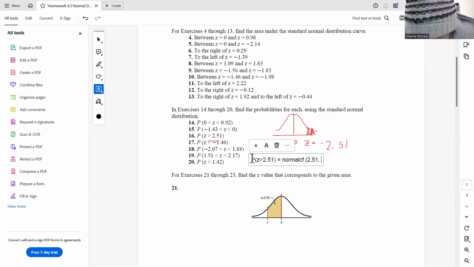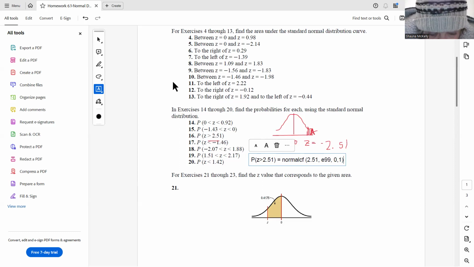Where do I finish? Well, I finish at infinity. So I'm going to say 5.1, say E99, and again, 0 and 1. Put it in your calculator. Let the calculator do the heavy lifting for you.